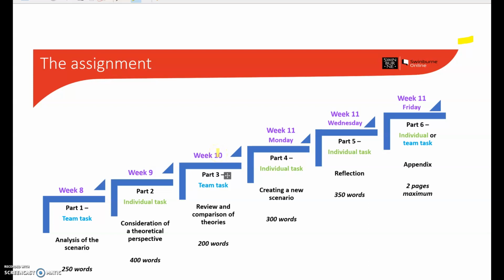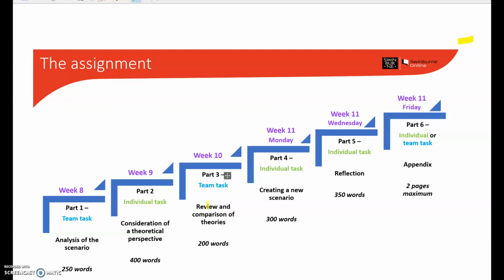So in week 10, you come back to your teammates, and each of you shares what you've researched, what you found about your own theory, and you're going to review them. You're going to work out together which is the best theory that meets the needs in this classroom, in this learning environment. It's tricky to choose one.